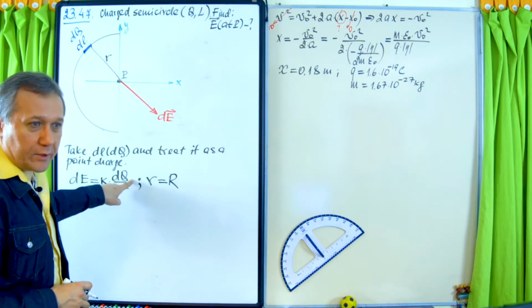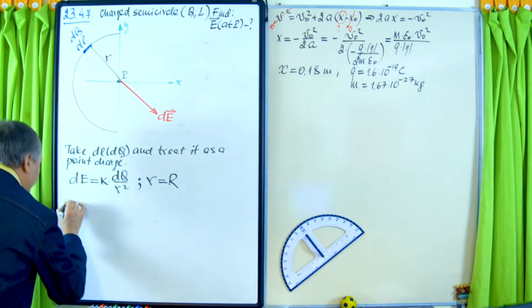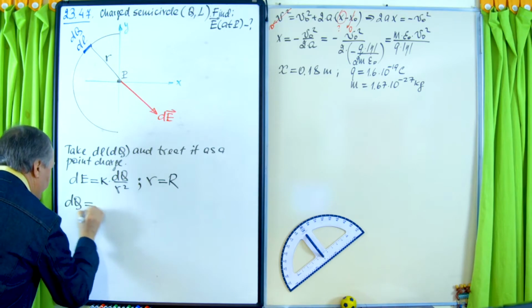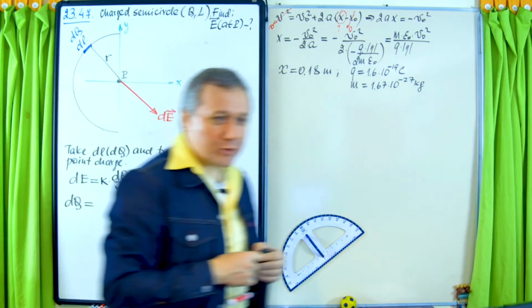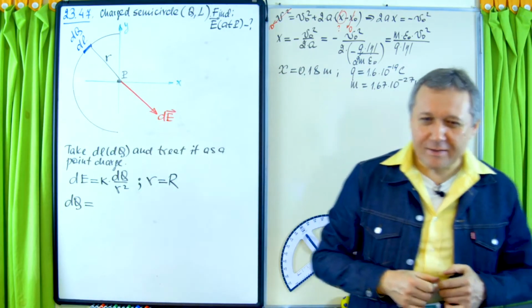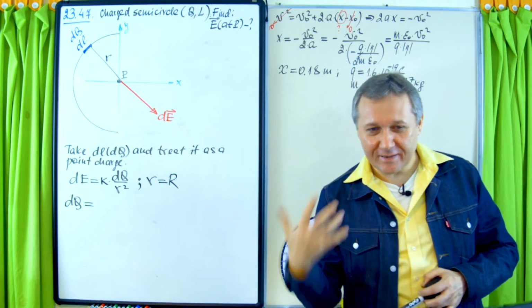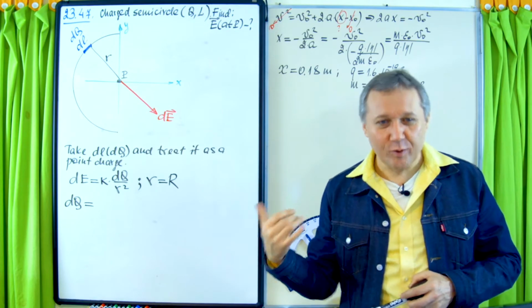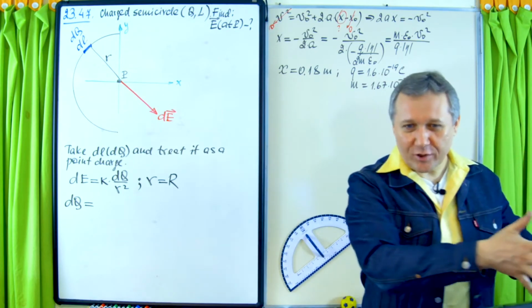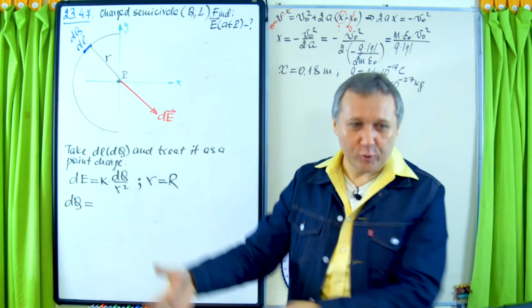So now we know this. Now we just need to write dq in terms of what is given. dq. And now we need to recall again that slide in the lecture before I started discussing the integration example. You remember those linear charge density, surface charge density, volume charge density.